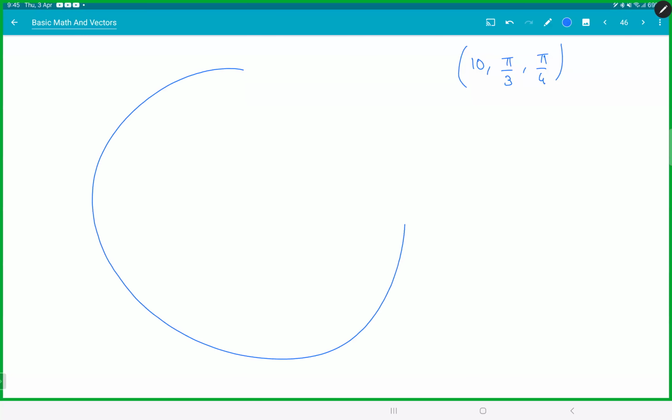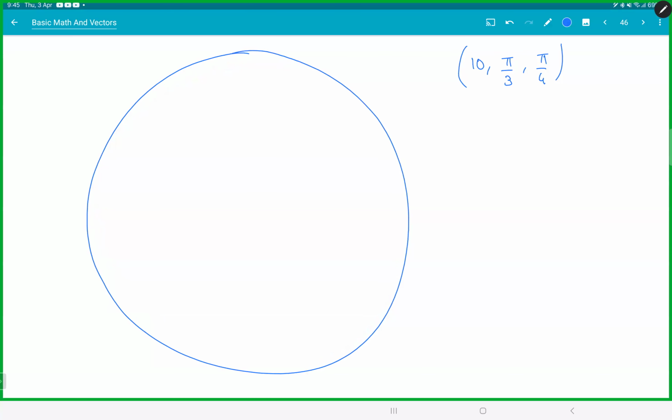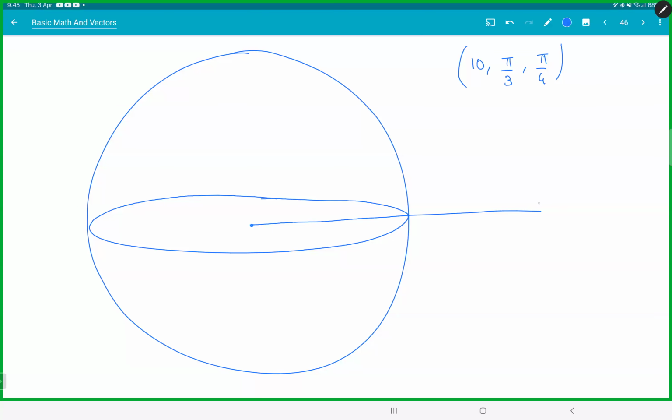First take a circle of radius 10. This is your equator. Let's keep it simple. Let's take this as equator. This is your center. This is your reference line.